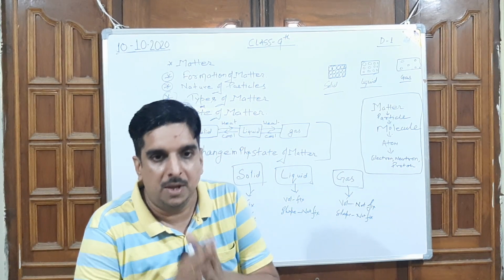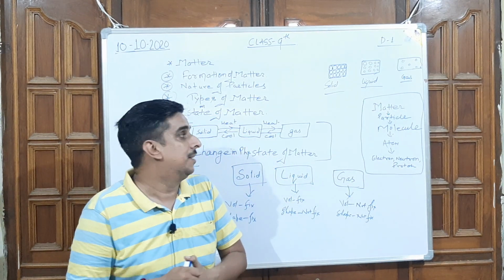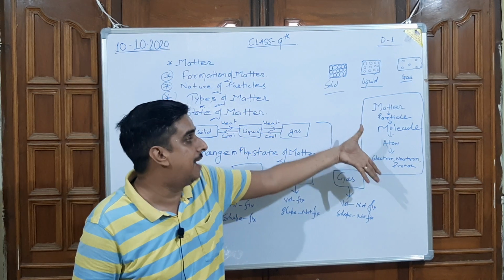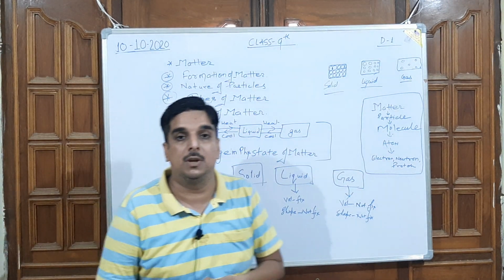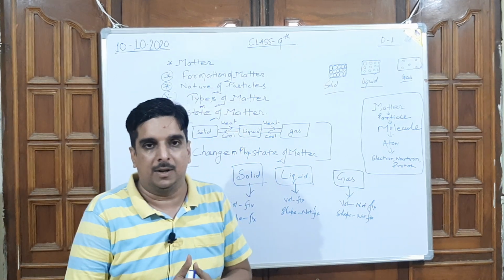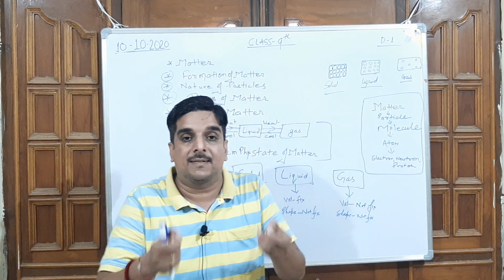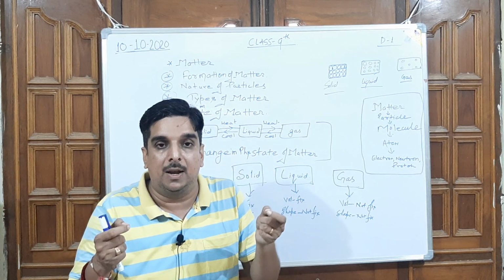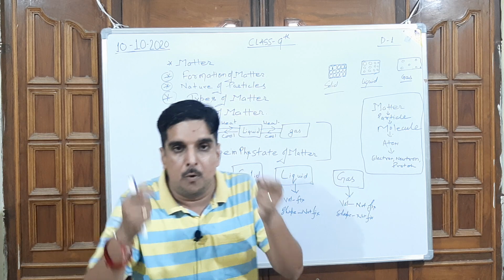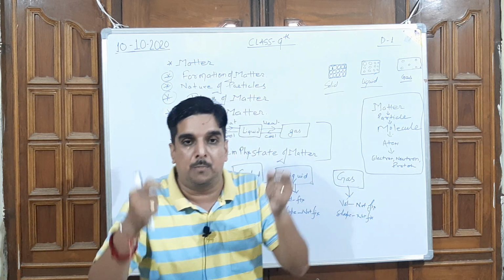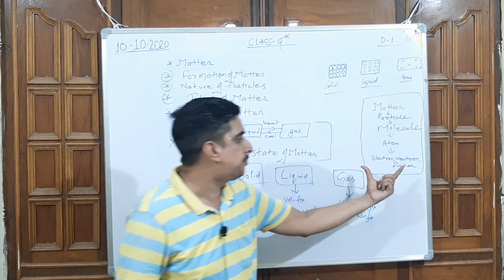One student is asking me to repeat the formation of matter. One question from my side. All of you know that the smallest known particles are electron, neutron, proton. So now we'll move from bottom to top.